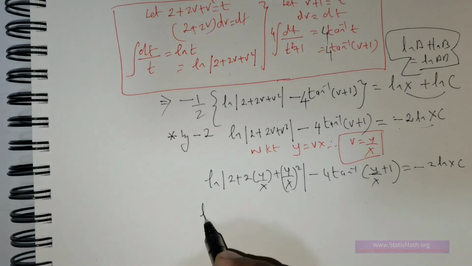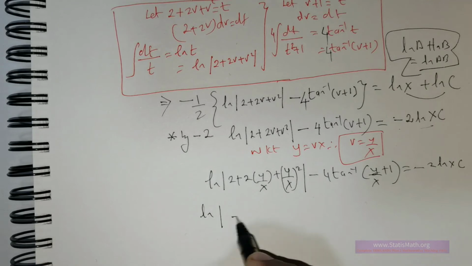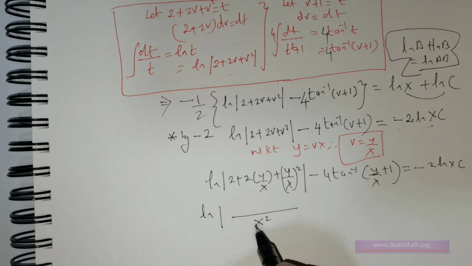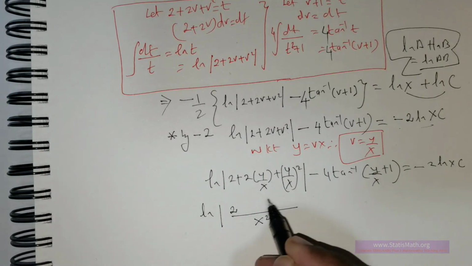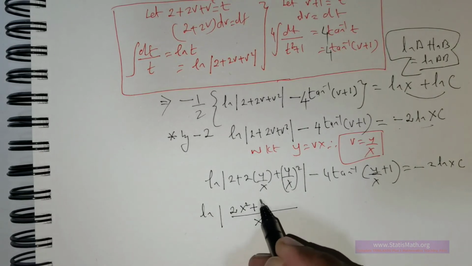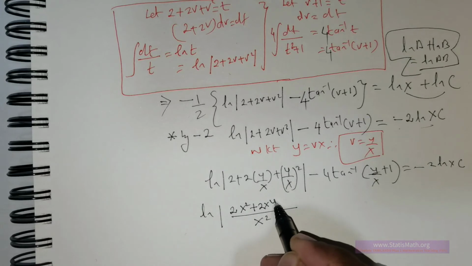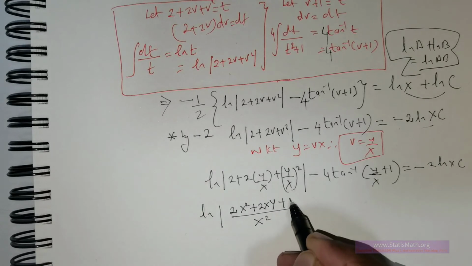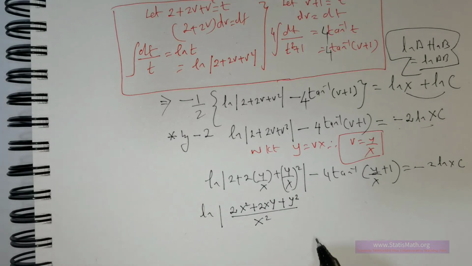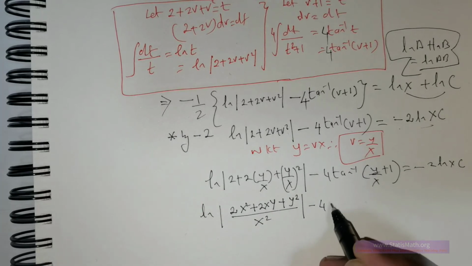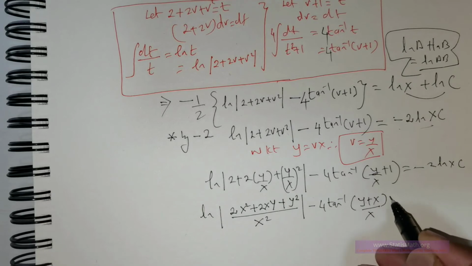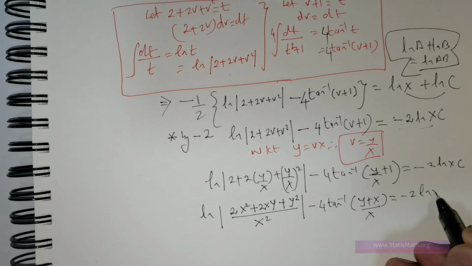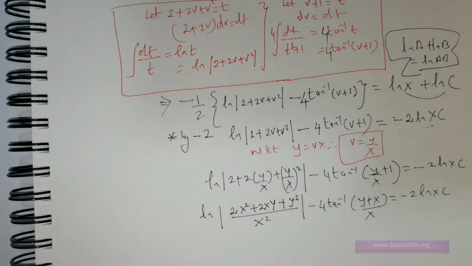Now this can be simplified. Ln of, taking x squared as the LCM, I would have 2 times x squared plus 2 times xy plus y squared, minus 4 times tan inverse of, taking x to be the LCM, y plus x divided by x, is equal to negative 2 times ln xc.